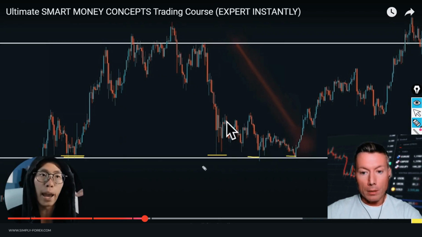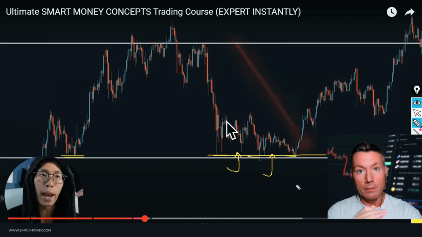So people know that traders here will be potentially entering buy trades, because by the very definition, a support level is a buying level. That's where buyers enter the market. And that's all that an order block is, right? It's an area where lots of people are trading from because they have seen that previously people have traded from that area. And that, in my book, is called a support and resistance level, right?